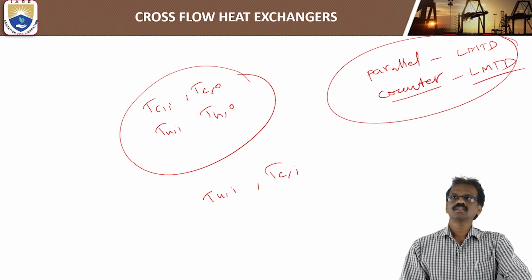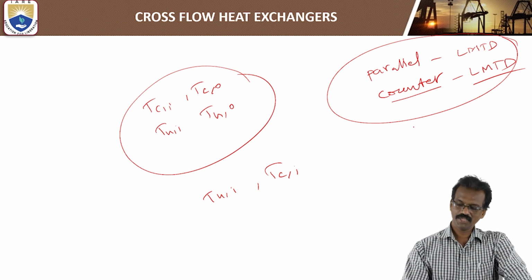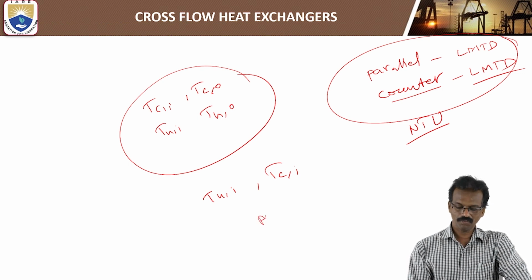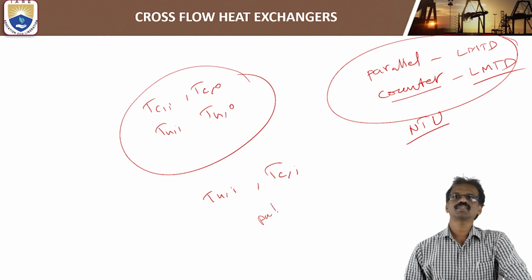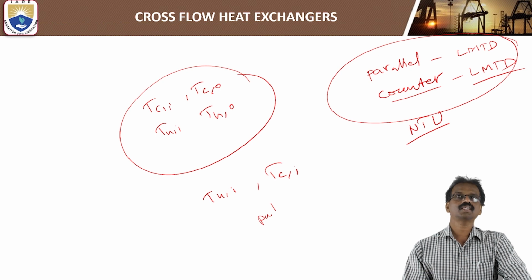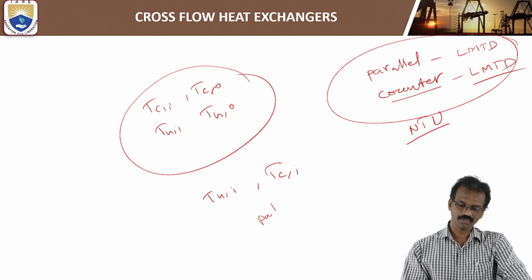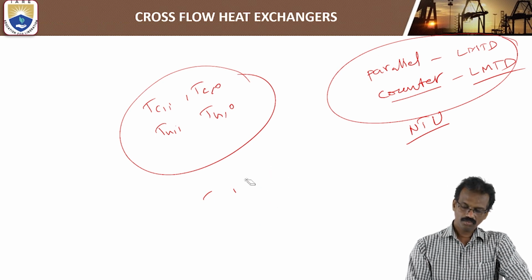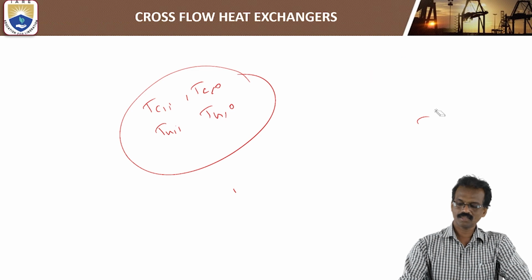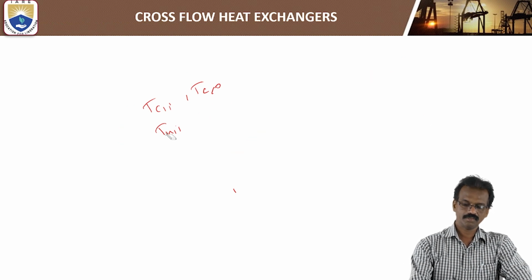In this case, we use the NTU method for the design of heat exchanger. The NTU method for parallel flow and for counter flow heat exchanger were already discussed in previous classes. So in this class, we will discuss the cross flow heat exchanger.